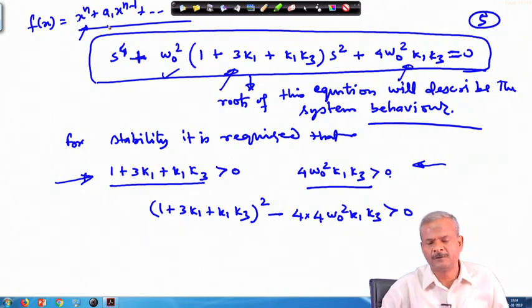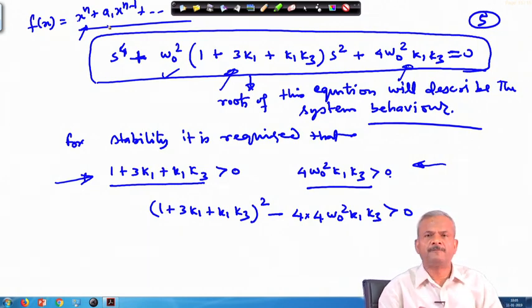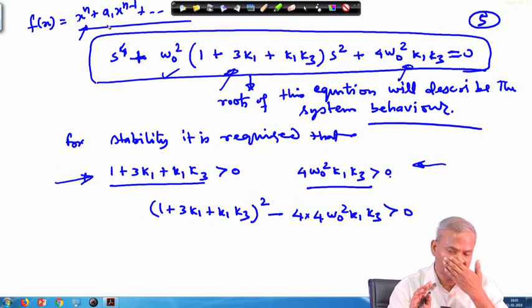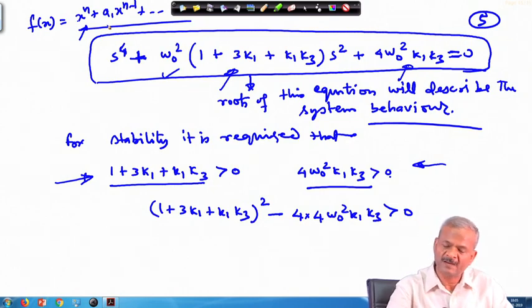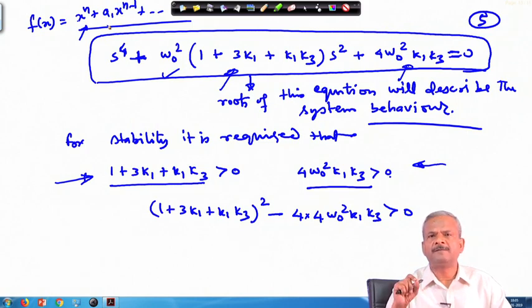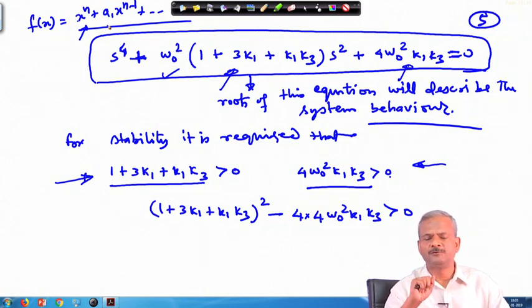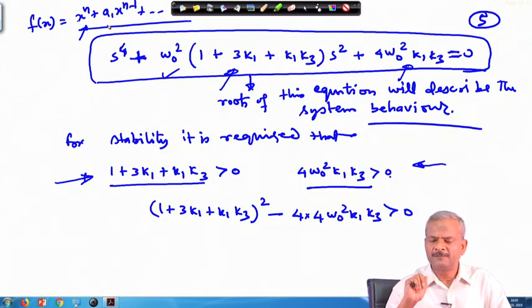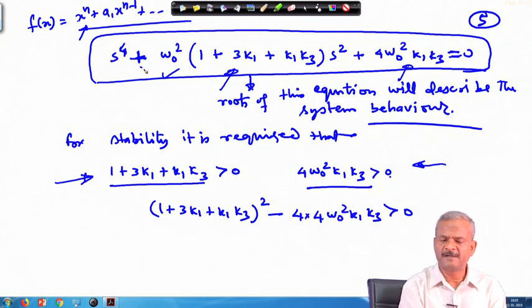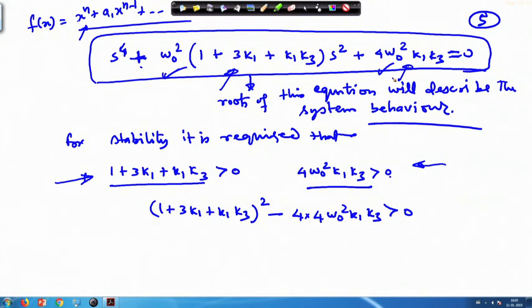This is the Descartes rule. But what we are looking for is that there should not be any root in the right half complex plane for the stability to be maintained. So, therefore, I do not want any sign change, meaning all these coefficients must be positive.